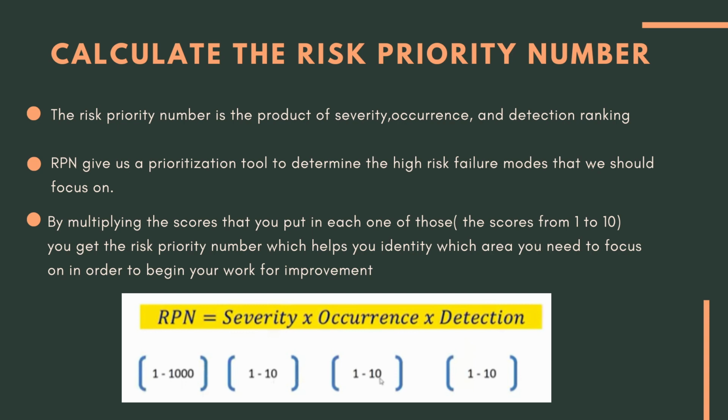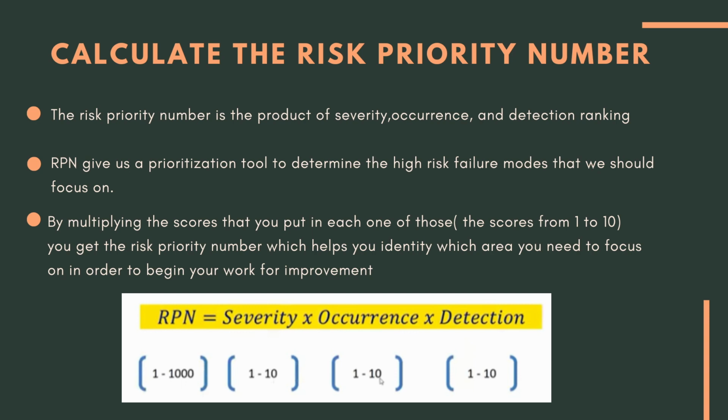So, what is the risk priority number? The risk priority number is the product of severity, occurrence, and detection ranking. The RPN gives us a prioritization tool to determine the high risk failure modes that we should focus on.